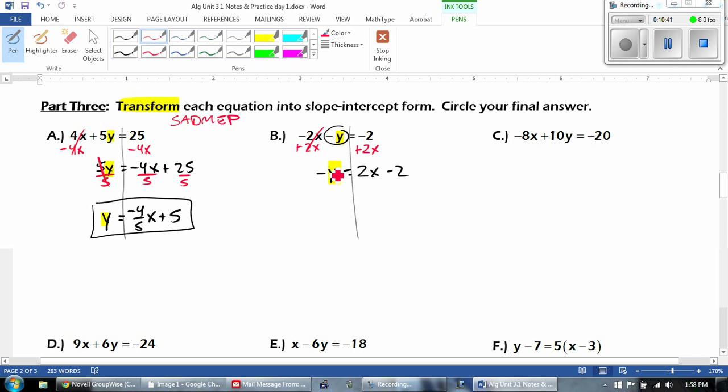And the y is not by itself yet because there's a negative 1 in front of it. Okay, so we have to divide by negative 1. And after you divide by negative 1, you get y equals negative 2x plus 2. Okay, and the y is by itself.